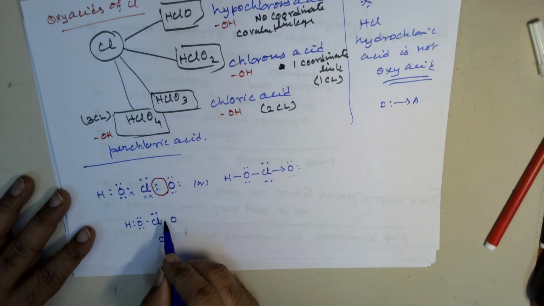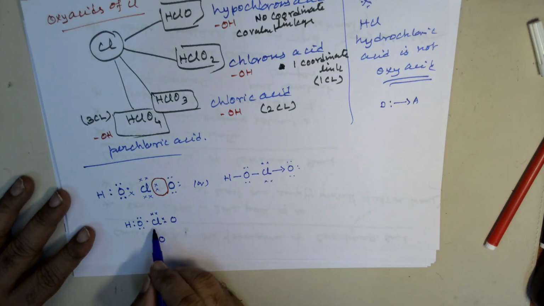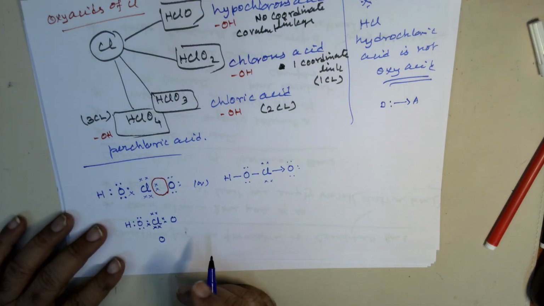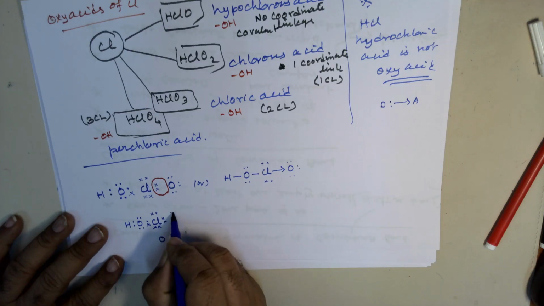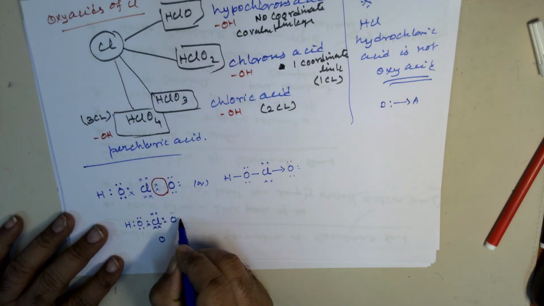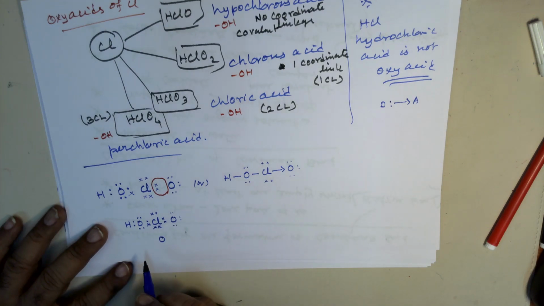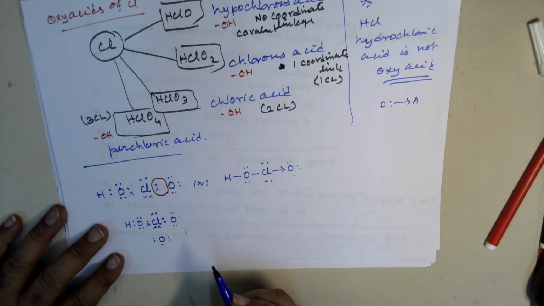Two, and then four, and then six, seven. Now, what about oxygen? Two, and then four, here six. Now, can you tell me here? Two, four, six.